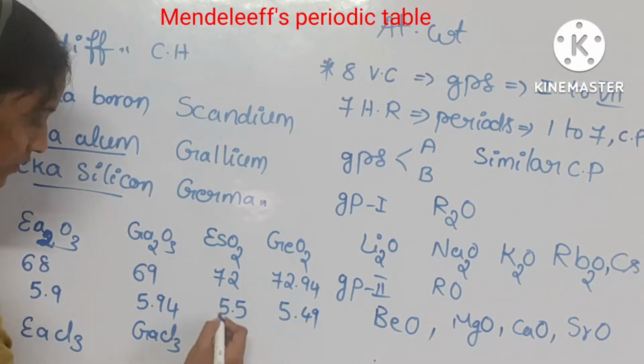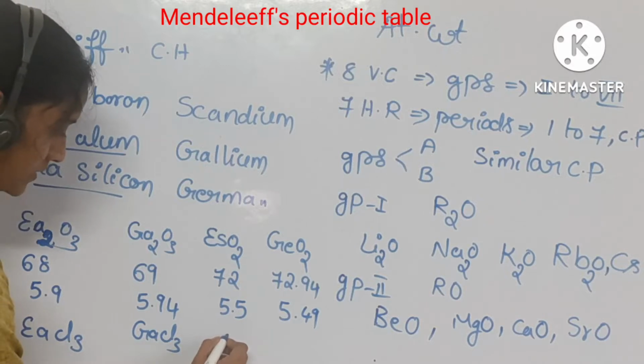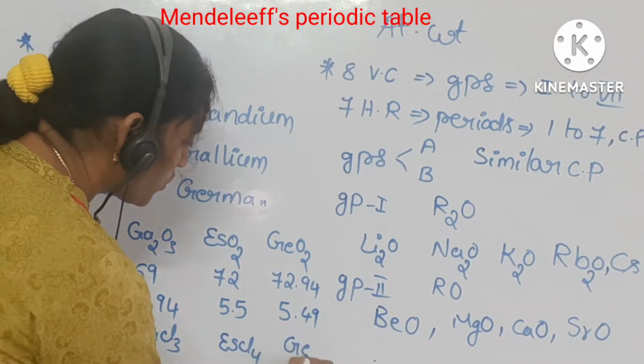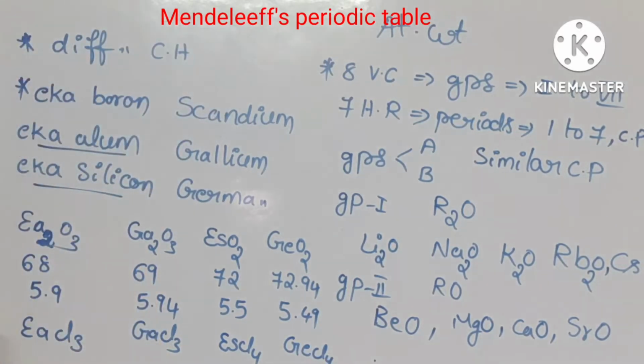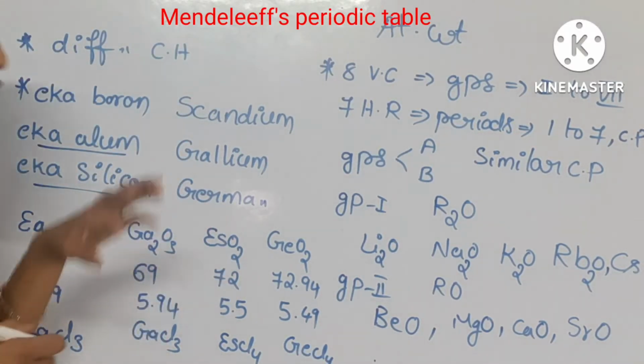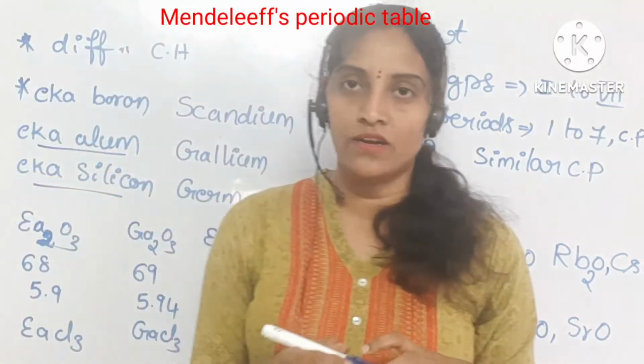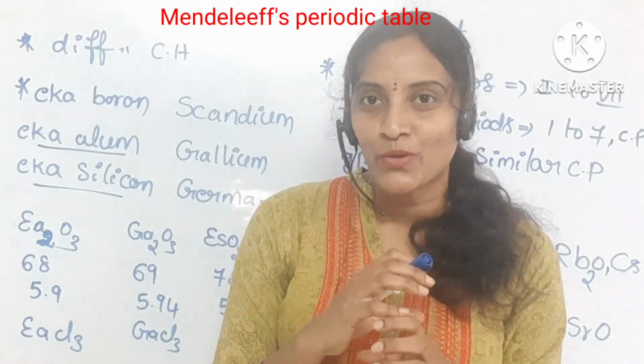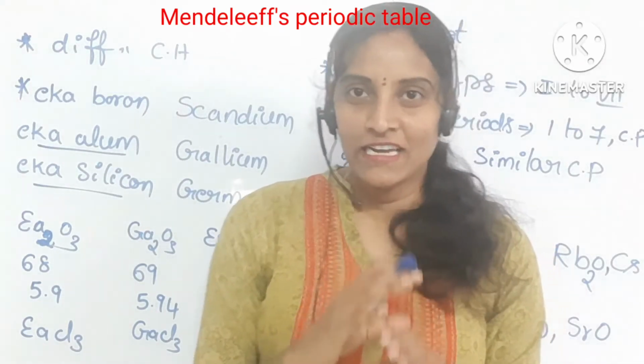And here it also forms chlorides: EsCl4, and germanium forms the chloride GeCl4. See, almost all properties are similar between the observed properties of that element and the predicted properties of that element.